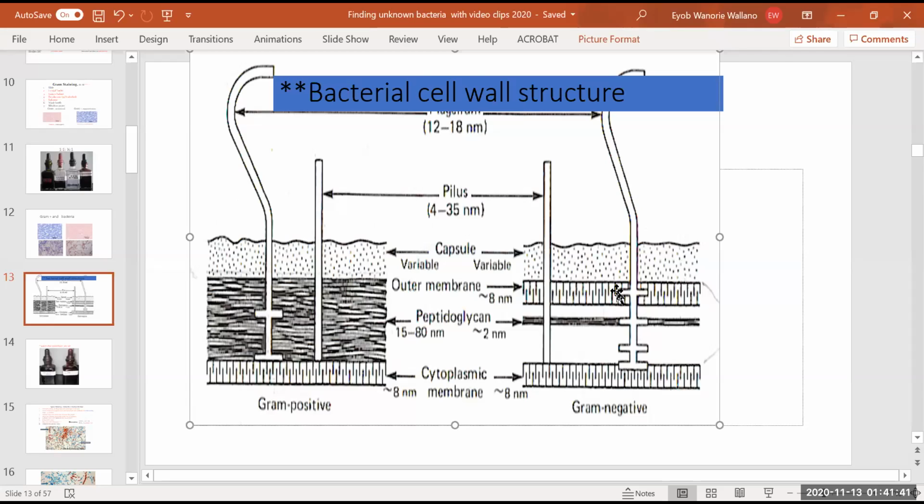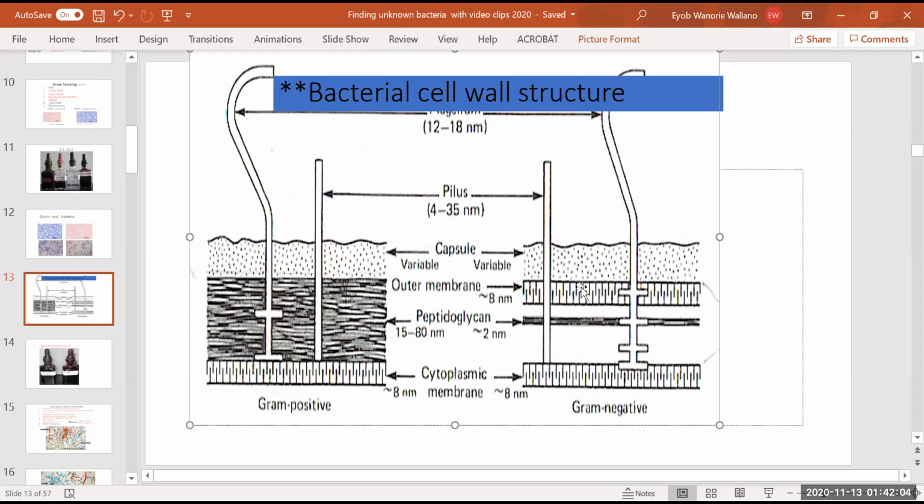Look now. So you need to know three things in gram-negative bacteria: peptidoglycan is small compared to gram-positive, and then you have the membrane, which contains membrane protein and also lipopolysaccharide, LPS. You need to know it.